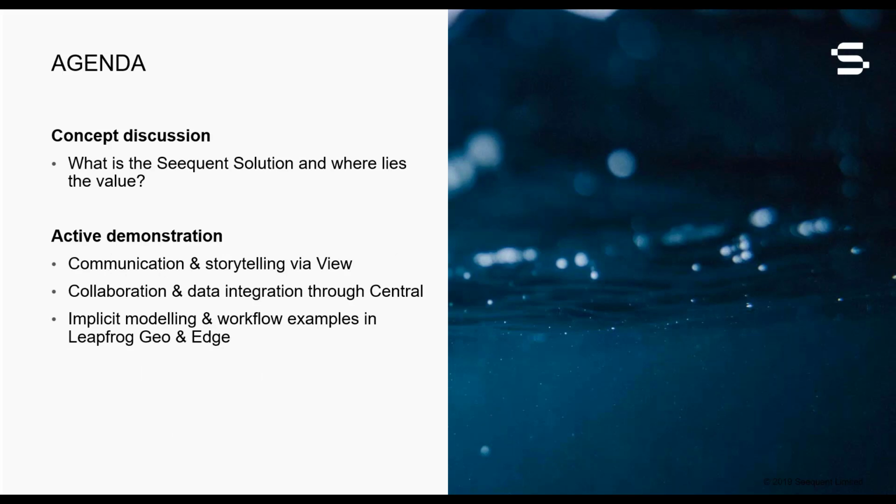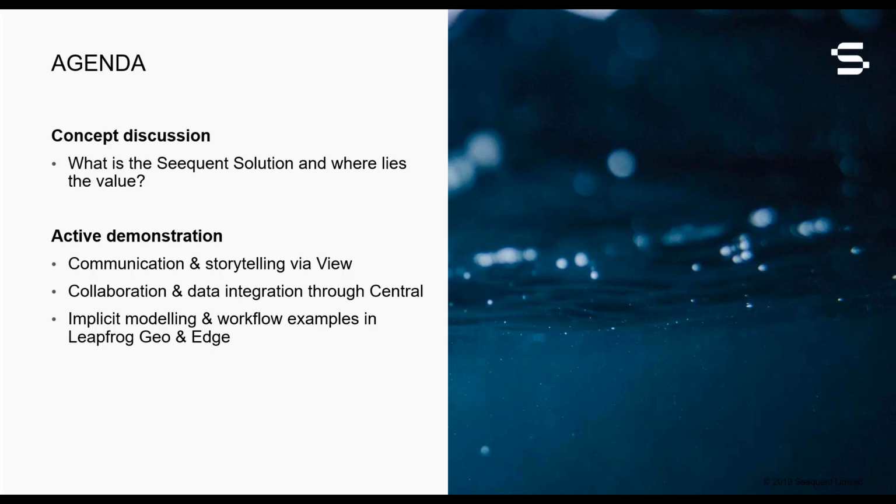Our agenda for today, we are going to talk about the Seequent solution, as already mentioned, and we're going to discover where the value lies in employing the entirety of the Seequent product range in your organization. And then we're going to jump right into the active demonstration part, and we're going to start from the top down, speaking first about View, a communication and storytelling product, and then we can jump into Central and have a look on how we collaborate and data integrate through Central.